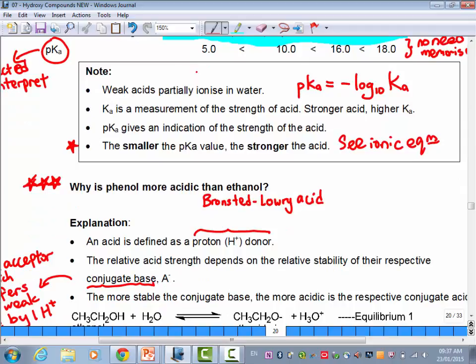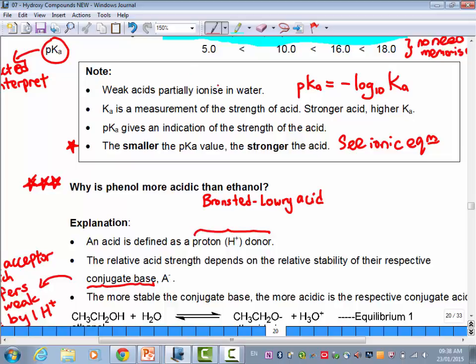For the Ka and pKa value, don't worry, later on in term 2 we'll come back to it again. Usually in questions, this is how Ka and pKa are applied. They will tell you, from experiment, the Ka or pKa value is as such. Can you explain why there is a difference in the acidity?